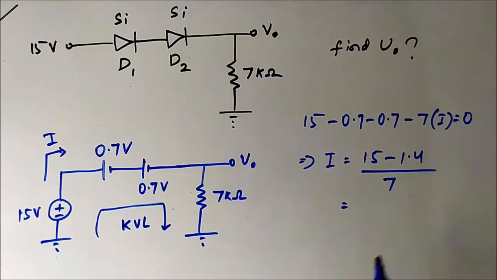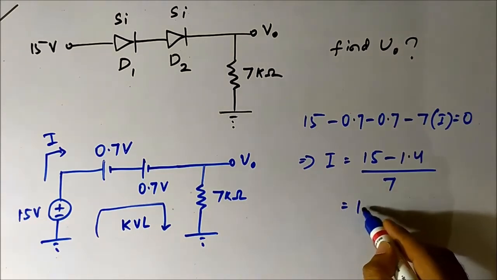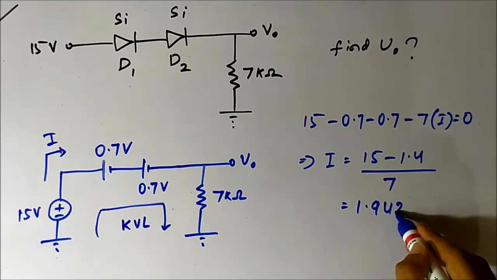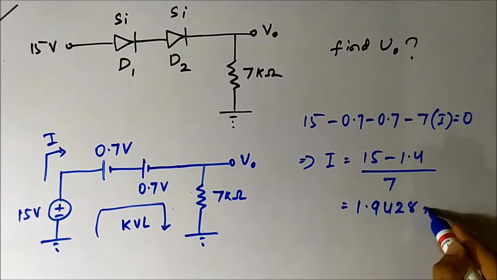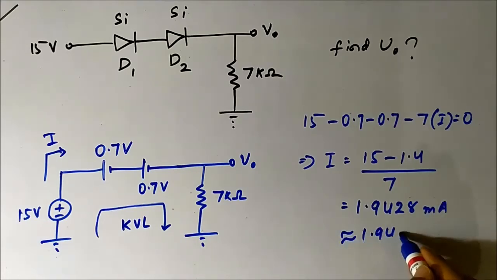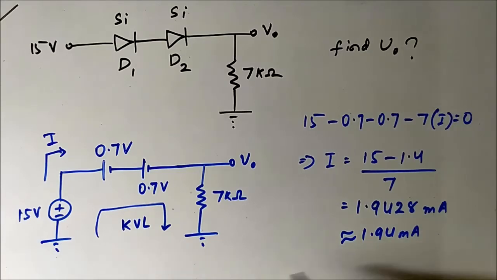Let me calculate, it is coming around 1.9428, or we can say it is 1.94 milliampere. It is milliampere because the resistance is in kilo ohm.